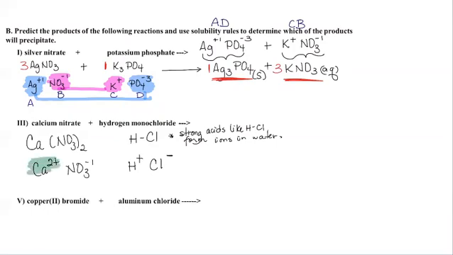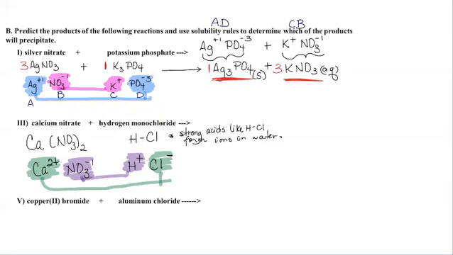Again, the cation of the first is now with the anion of the second. The cation of the second forms a compound with the anion of the first.